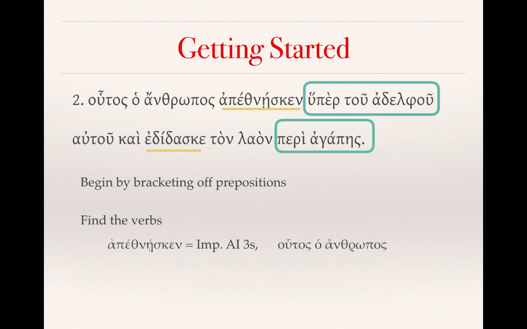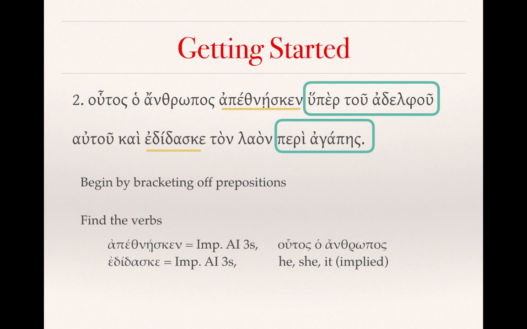And I would be confident in parsing it in that way because I know that the subject is houtos ho anthropos. Ho anthropos is clearly a nominative singular, and so I'm looking for a verb that is also in the third person singular. The next verb is edidasken, and again we see the augment there before didask, which is the verb stem from didasko, which means I teach.